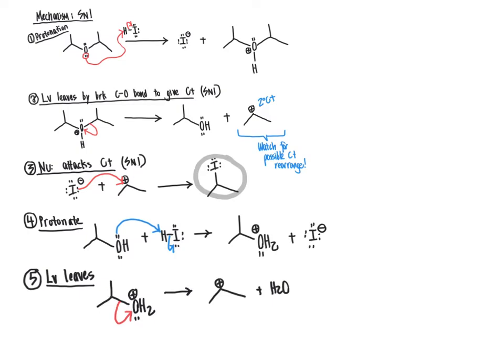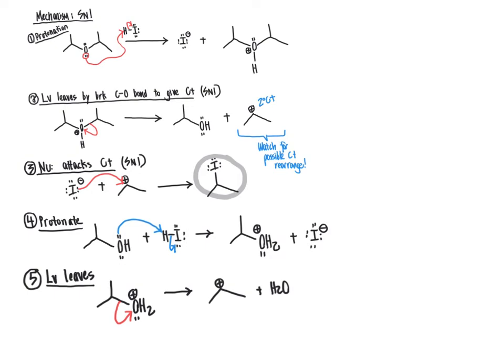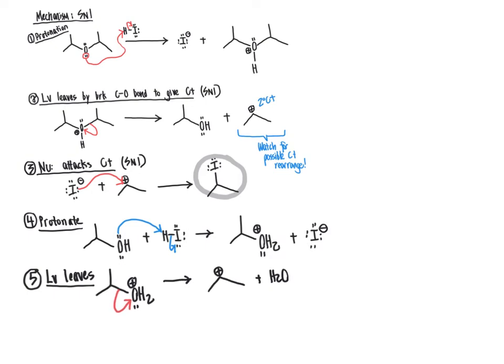And then finally, as step number 6 of this progression, what we will do is have the nucleophile attack the carbocation. So this is analogous to step 3 above, where we have our carbocation, we'd created iodide anion back in step 4 up there.